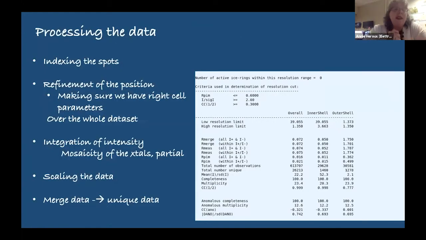This step is done at the beamline, where you integrate your data. Processing the data means indexing, finding the spots, finding the cell parameters for your data set, then integrating all of these intensities.